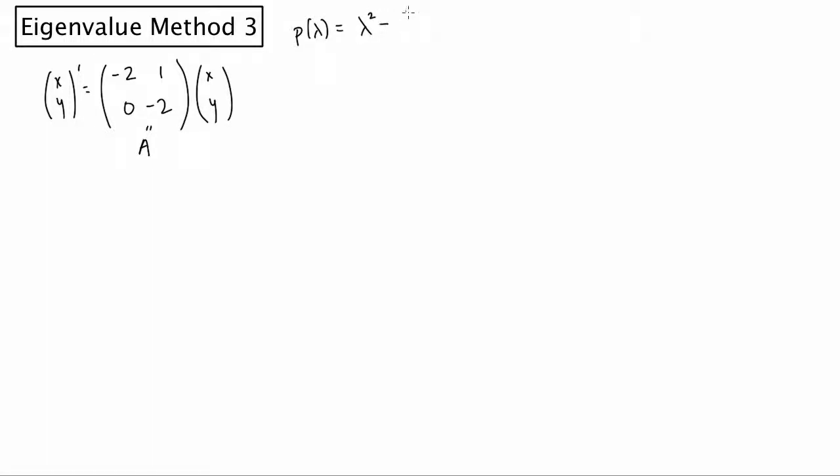So lambda squared minus the trace, which is -2 plus -2, is -4, so it's minus the trace, that's why it's plus 4. And then plus the determinant, which is 4 minus 0. You can see clearly that this has a repeated root, and so my eigenvalues are both -2.